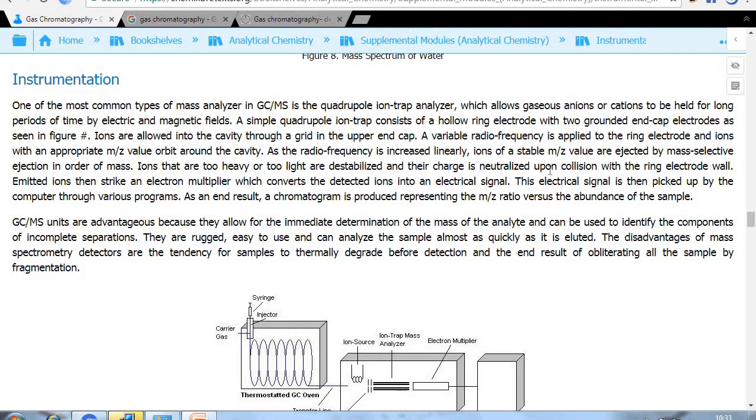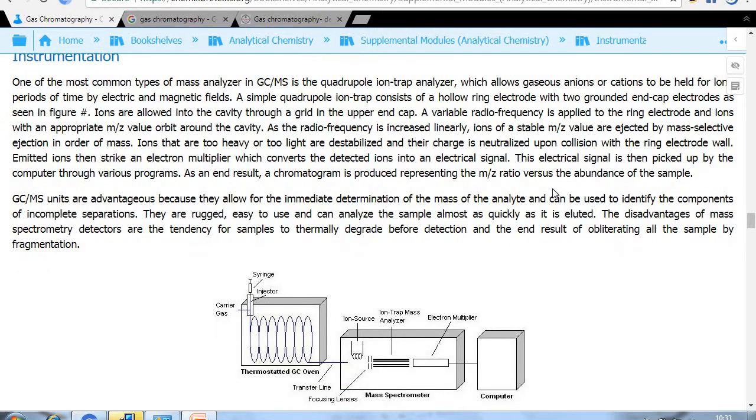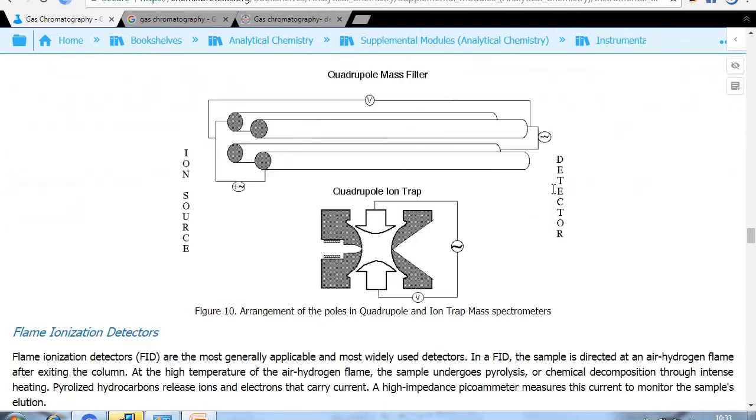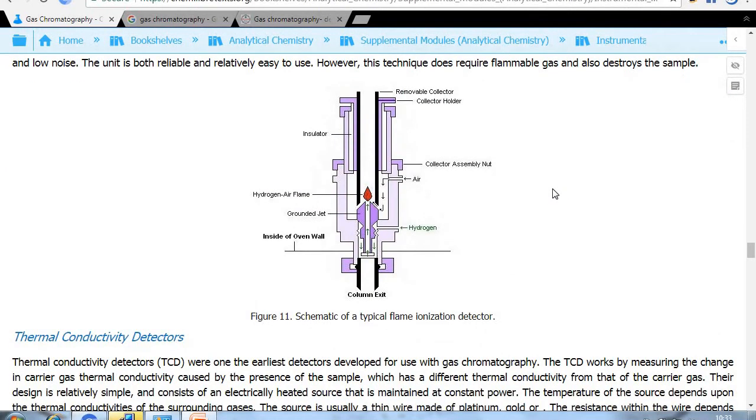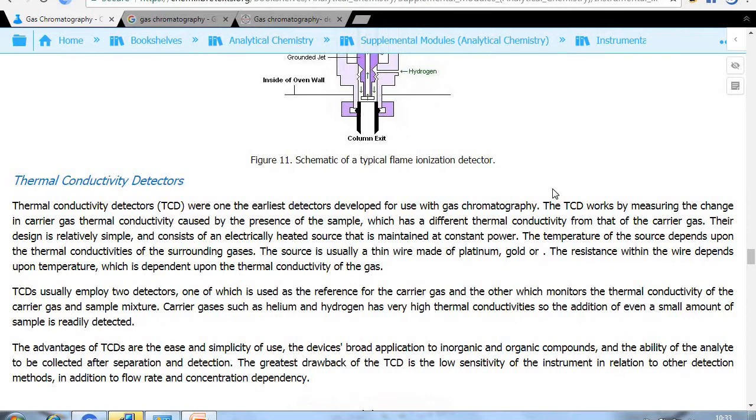Based on the mass to charge ratio, and the electrical signal it produces, you will be able to identify the compounds. Okay, so that is about the mass spectrometry.